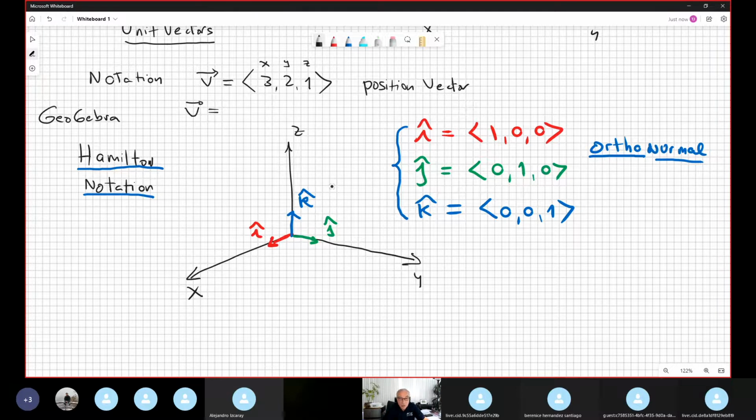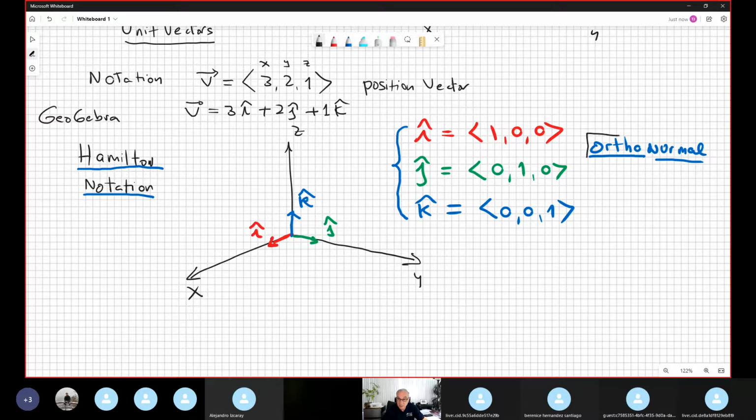But another way you see in the book and in the article or something is 3i plus 2j plus 1k. Okay, you know, when the coefficient is 1, it's invisible. This is Hamilton notation. This is the same thing. It's equivalent. So let me reinforce the idea about ortho.